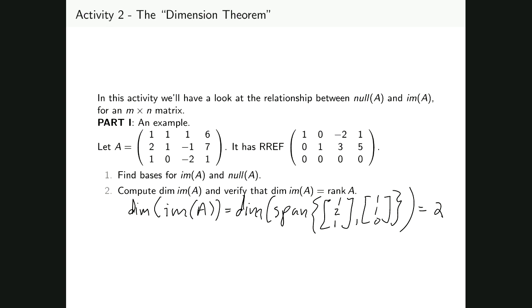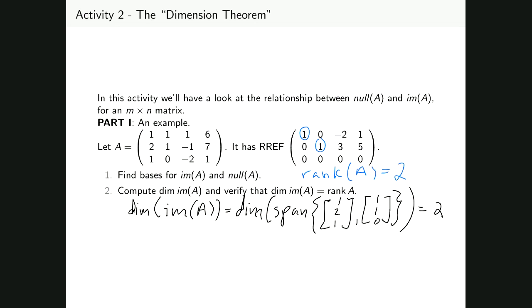Okay, and when we look at our matrix, we want to calculate out its rank. And the rank of A is the number of leading ones.